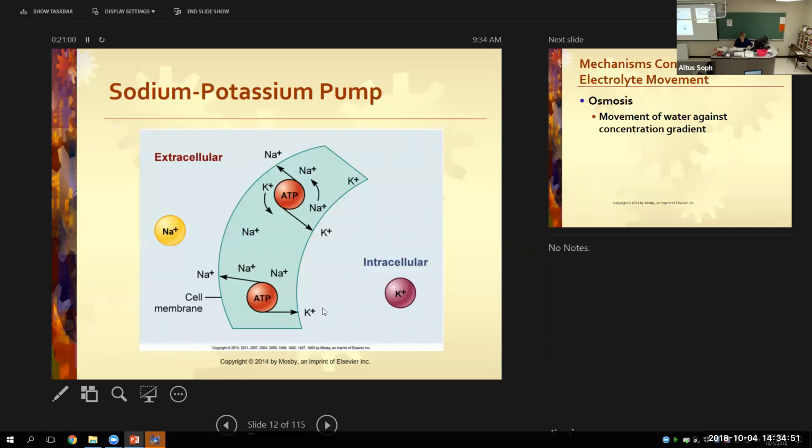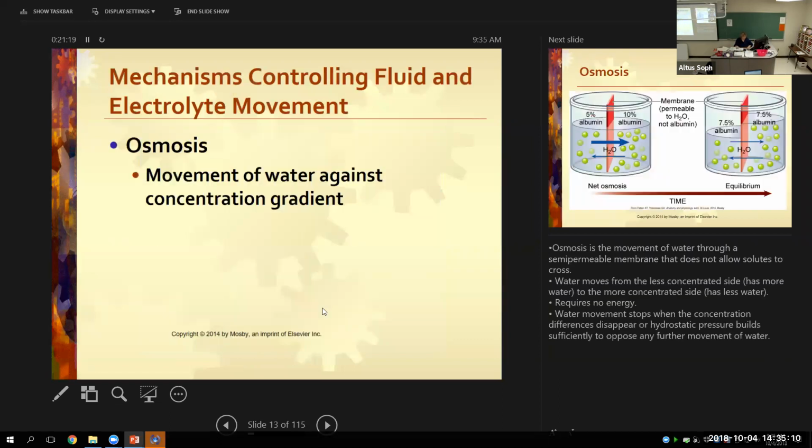Is it a hypotonic solution of sodium chloride 0.45%, also known as half normal saline? Is it some type of hypertonic solution? So you need to understand osmosis for that reason.